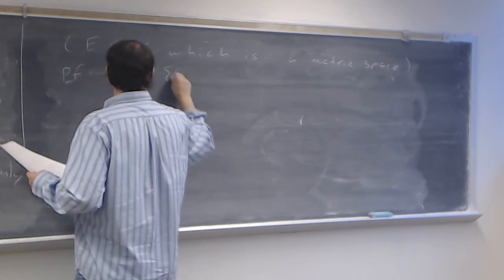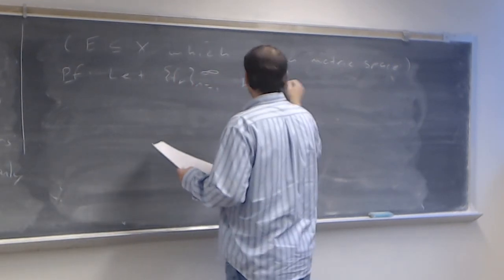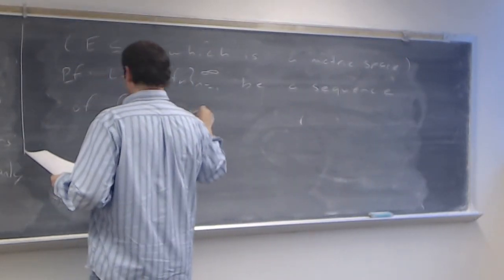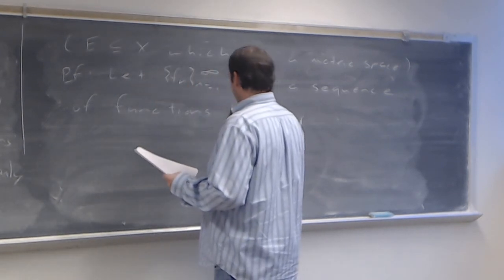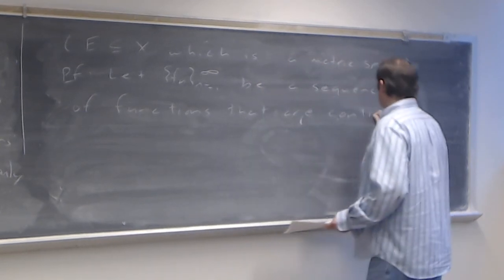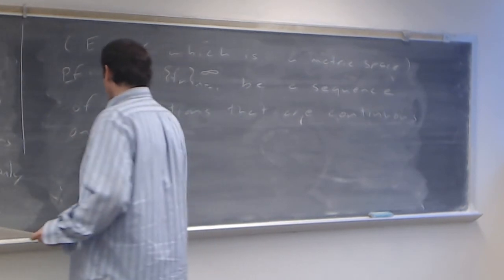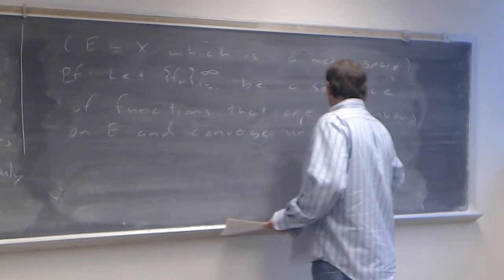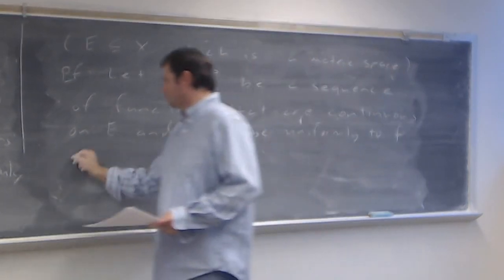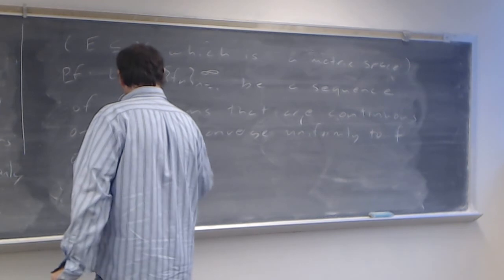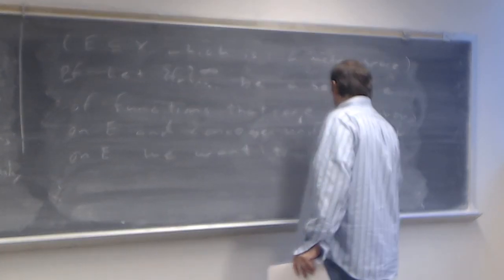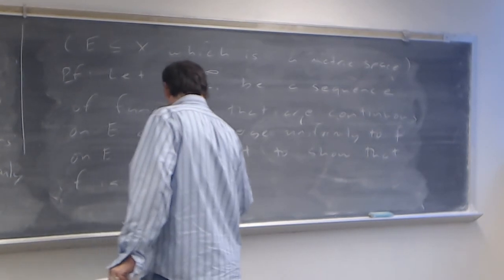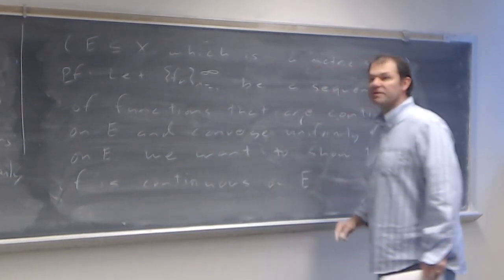We're going to let f sub n be a sequence of functions that are continuous on E and converge uniformly to f on E. We want to show that f is continuous on E, and we're going to do this by two cases.